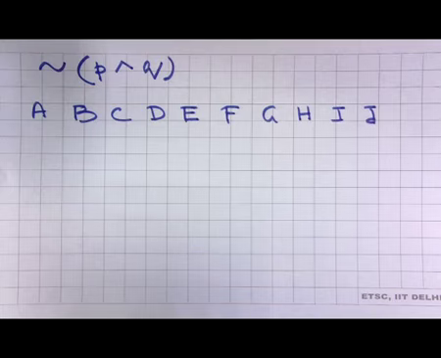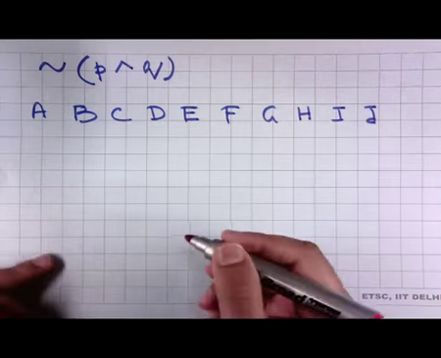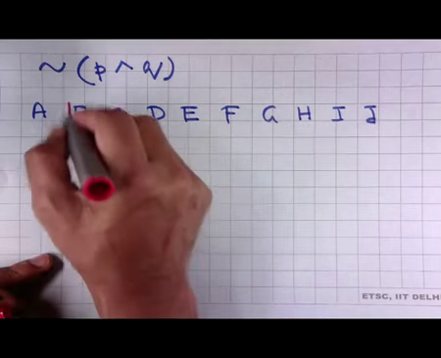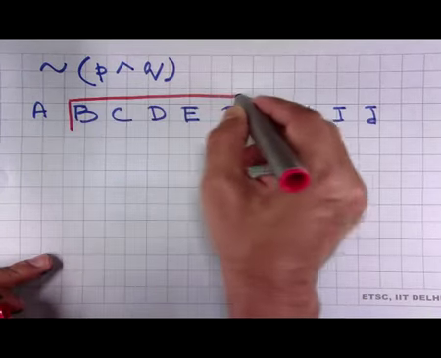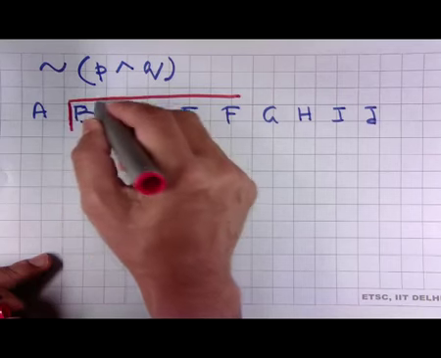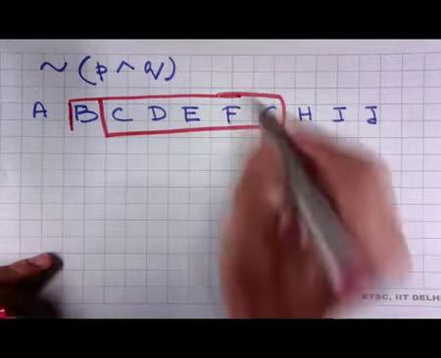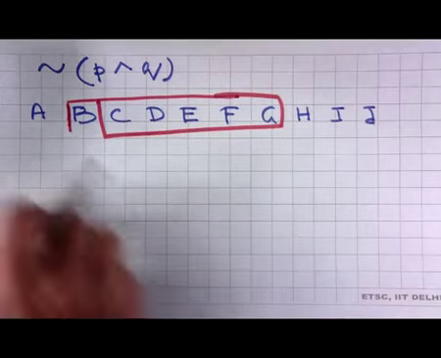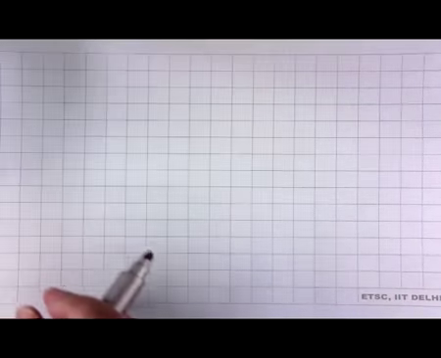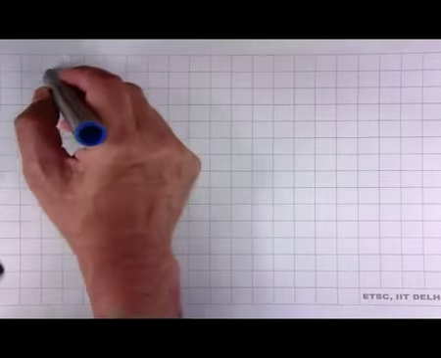And we know that the truth set for P is C, D, E, F, G. So, what is the negation of P and Q?